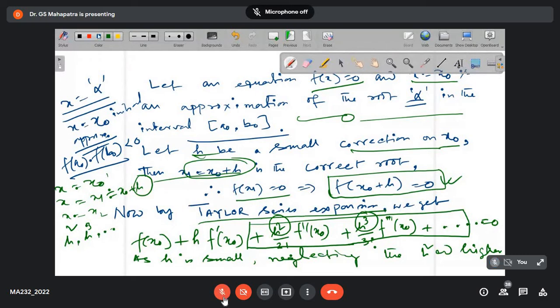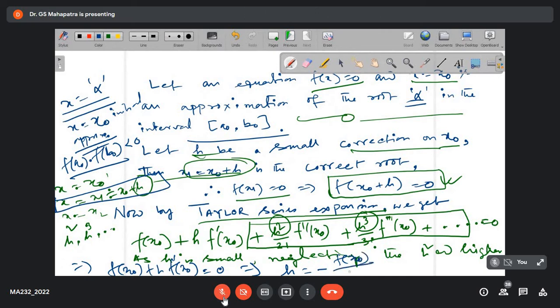So what is x1? That implies h equals minus f of x naught divided by f dash x naught.